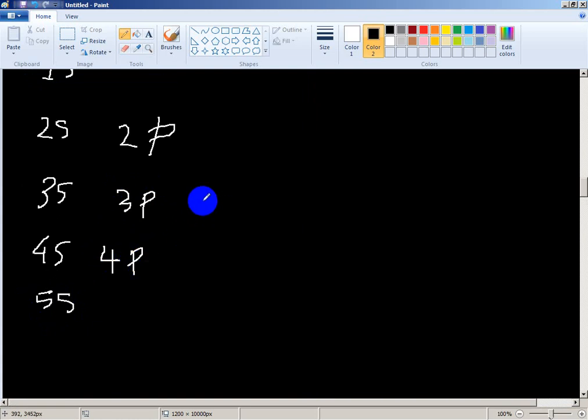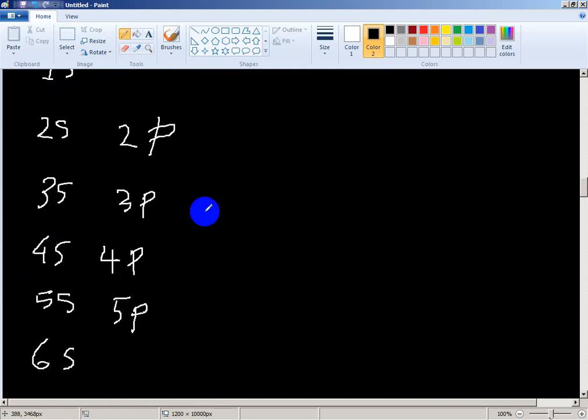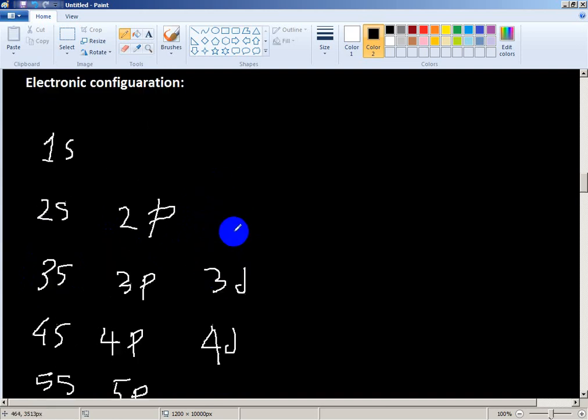I should give another, this 6s, this 5p, then 3d, 4d.